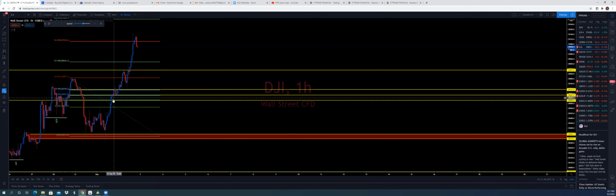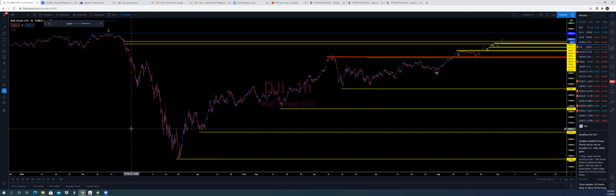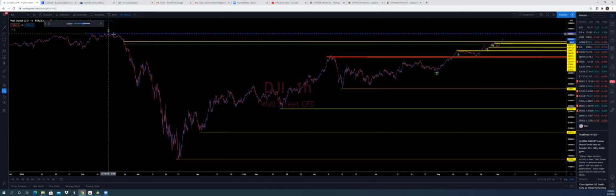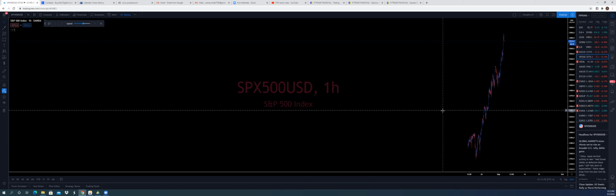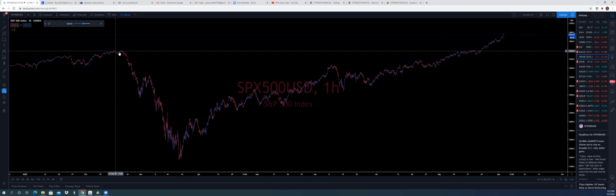I told y'all that I wanted to see U30 come up and make all-time highs, because the other indices, NAS 100 and S&P 500, have made all-time highs and reached pre-pandemic levels, which we can see here. If we look at S&P 500, you see that this is pre-pandemic.